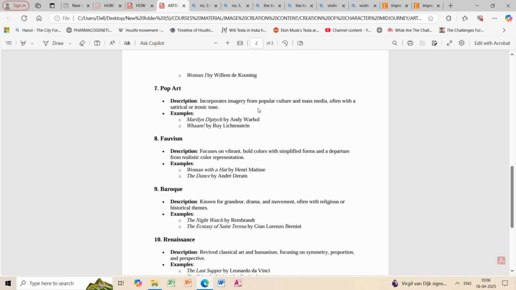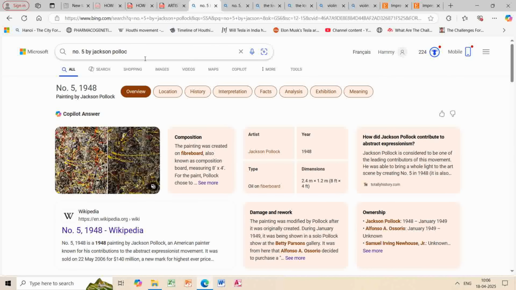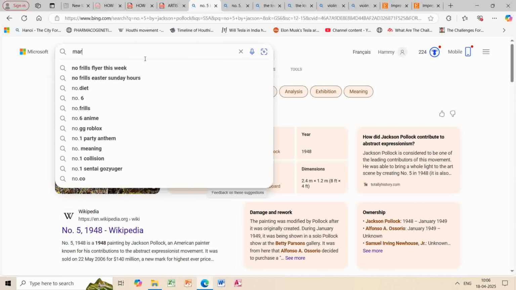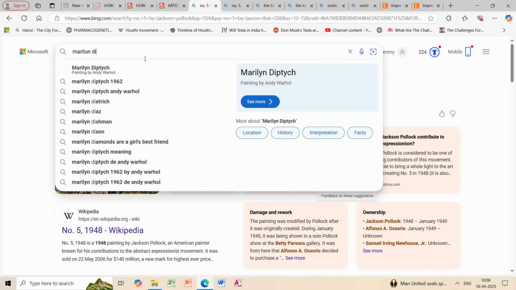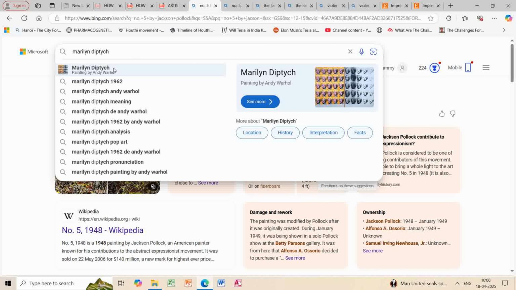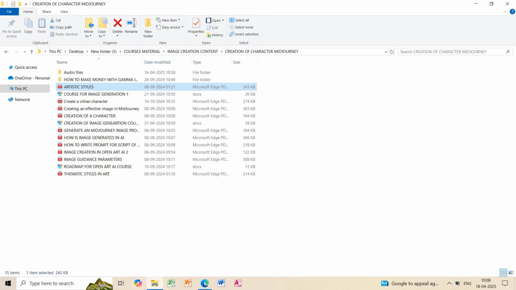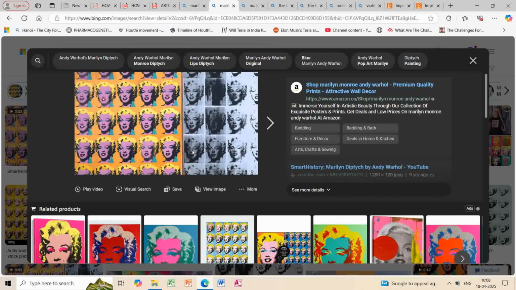This incorporates imagery from popular culture and mass media, often with a satirical tone, like Marilyn Diptych by Andy Warhol. Here you can see the image of Marilyn Monroe designed by Andy Warhol. This is one of the most popular mass media and pop culture images that you can come across.